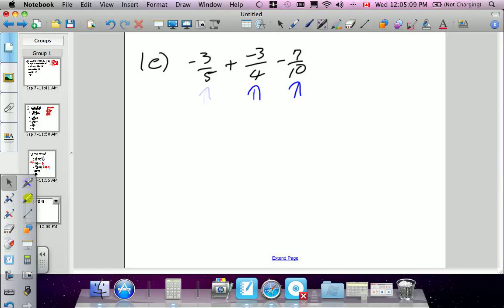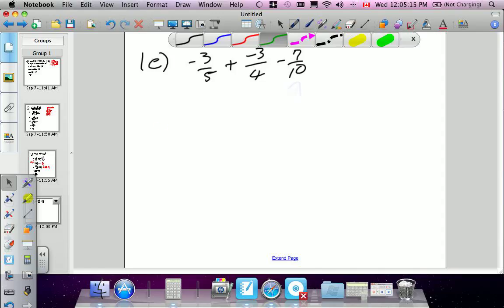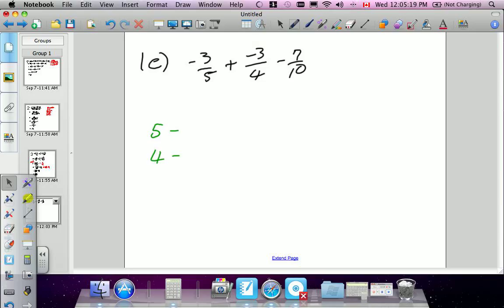Many of you guys will probably be able to do this in your head. I'm going to show you a little process in order to do this, okay? So do it in green. We're going to find the multiples of 5, 4, and 10. You guys would have done this a long time ago, okay? So multiples are just this number, and we're working up the sheet: 3, 4, 5, 6.